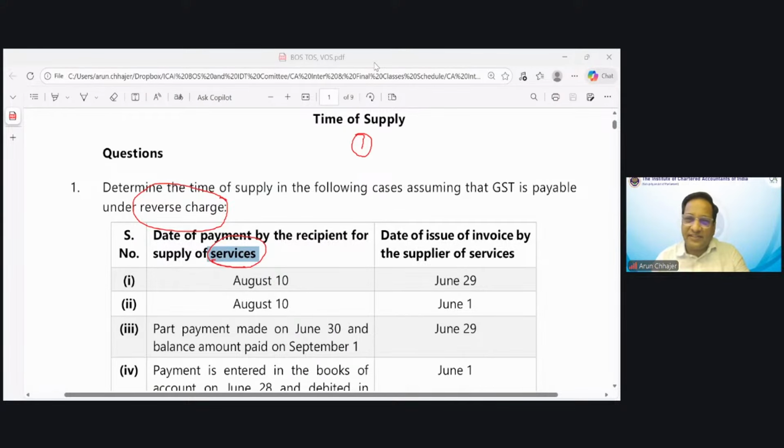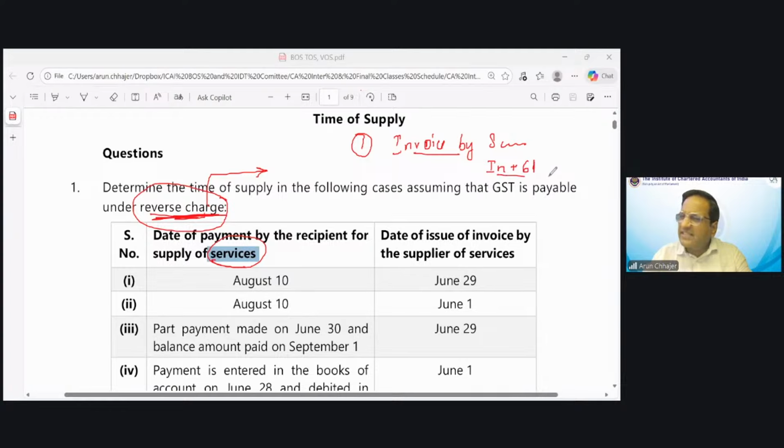There is a slight difference here. I do agree, but it is RCM, so the concept of provision of service will not be applicable; there will be some date instead. Yes, sir. The date immediately following the 60th day from the issue of invoice. I fully agree with you: if the invoice is required to be made by the supplier, then date of invoice plus 60 days.